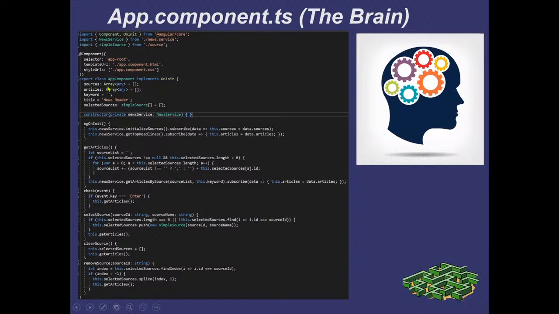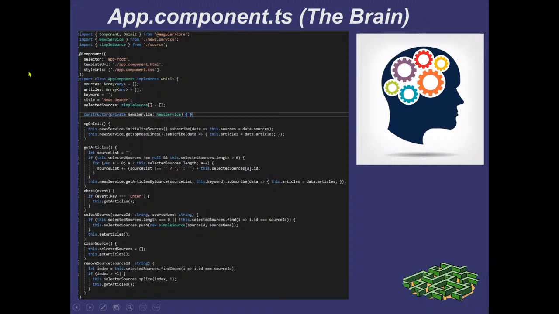So on down to here, this is where I'm including simple source that I mentioned a moment ago. And what that's actually used for is there's going to be a list of sources that the user has selected to limit it to, and those are going to be shown across the top in little circle icons that they can then individually take back off, or they can remove all of them and go back to the full list.